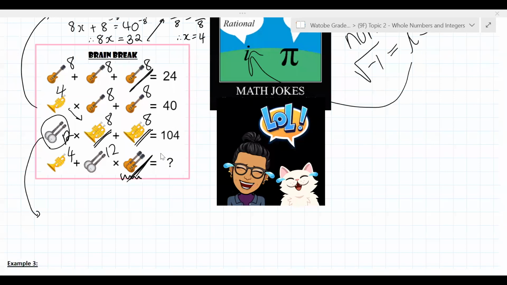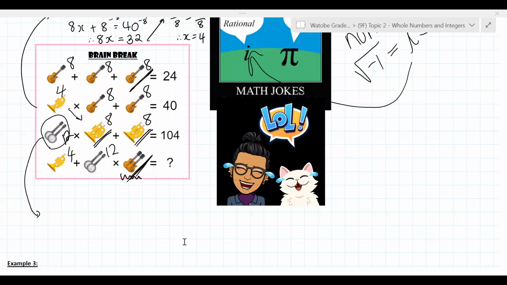What is what? If one guitar is 8, how much is 2 guitars then? So we just want to double 8. What's double of 8? Is it not 16, I think? Yes, excellent.